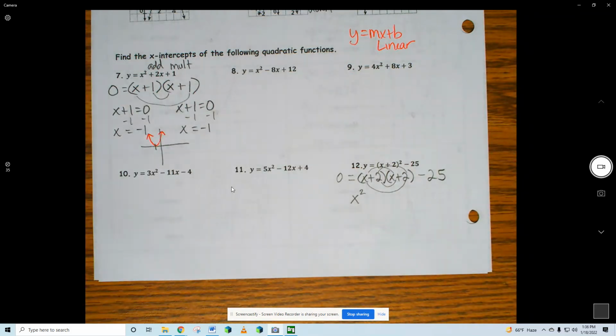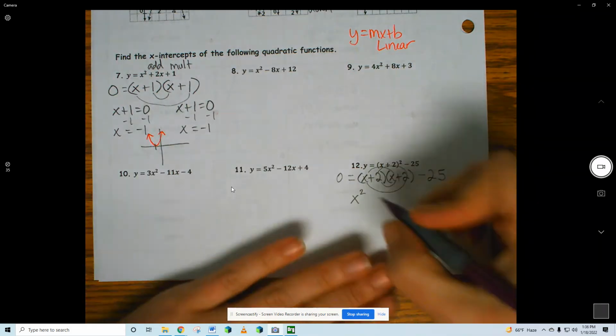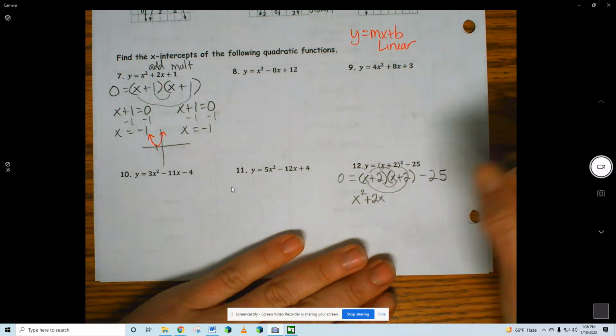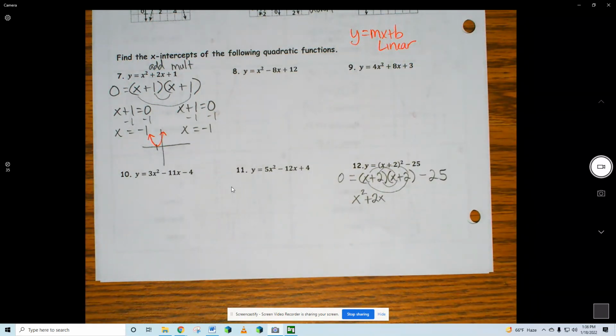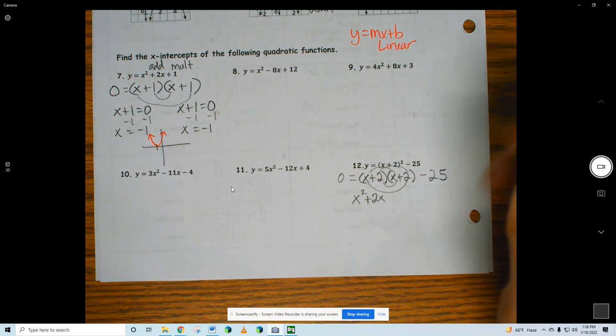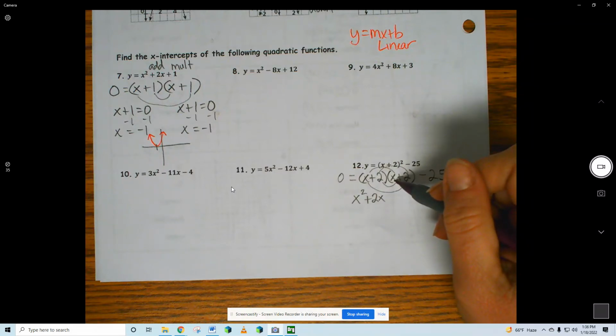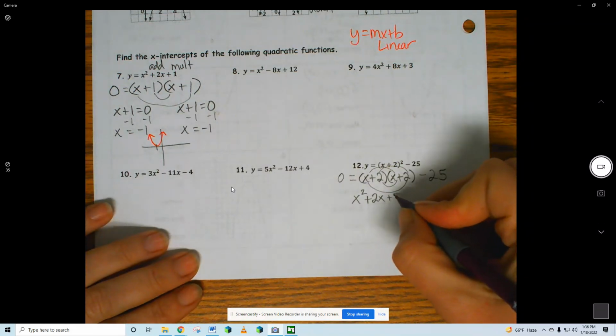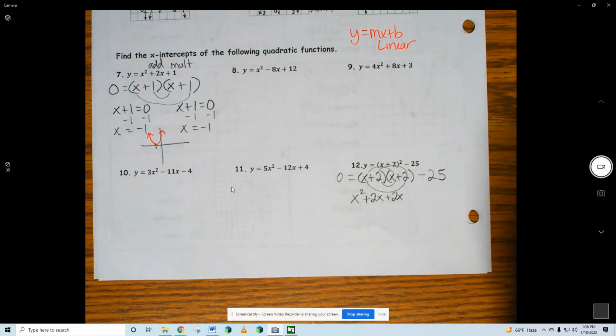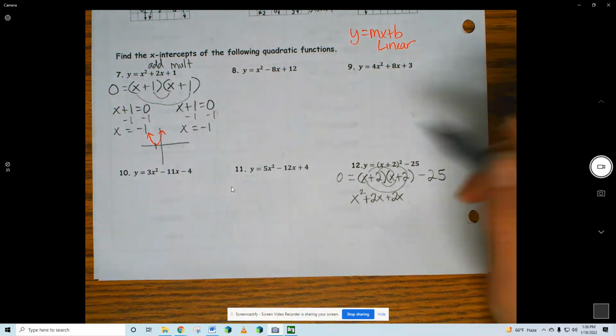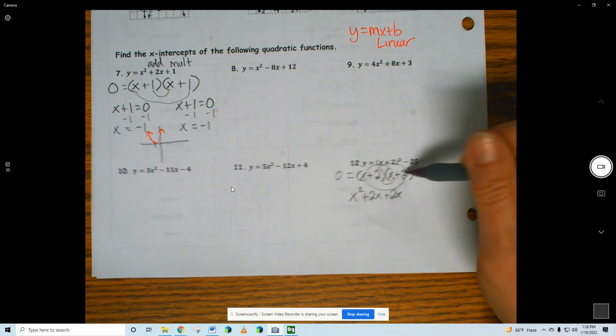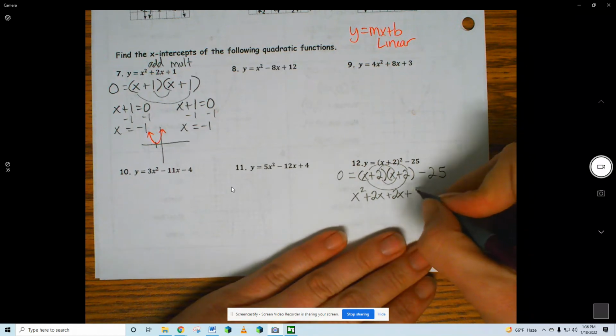Outside, x times positive 2. What's inside? 2 times x. What is that? 2x. It's okay. What's my last? 2 times 2? You're on mute, remember?